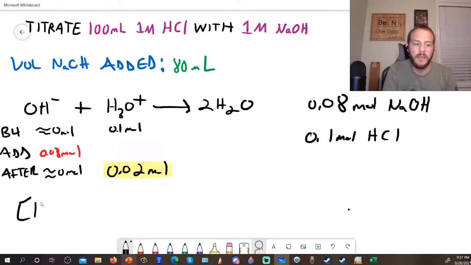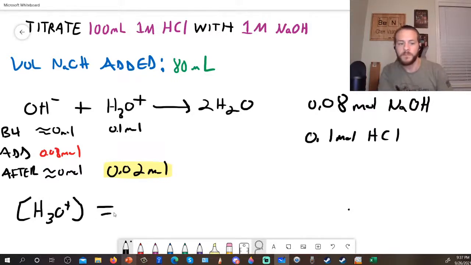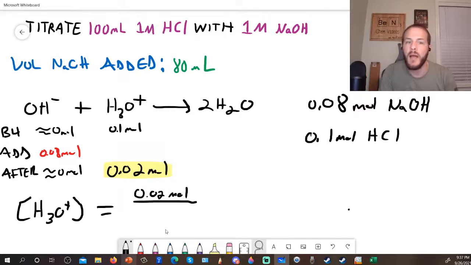But of course, we need the molar concentration of hydronium ion, so we take that 0.02 moles and divide by the total volume. In this case, the total volume is 180 milliliters. We started out with 100 and added 80, so that's 180 milliliters, which is equal to 0.18 liters.